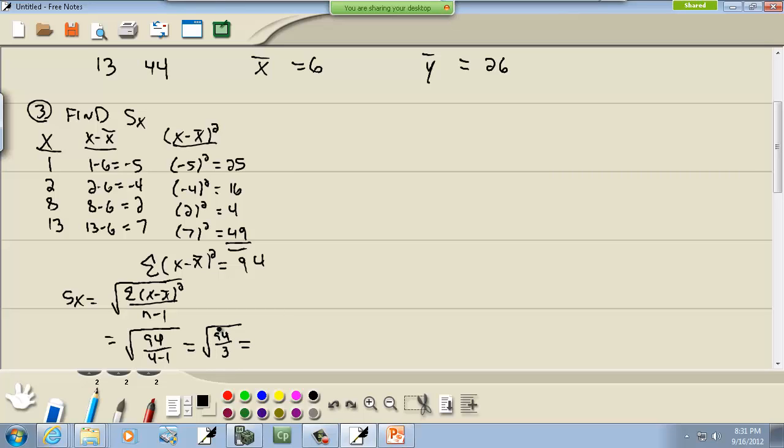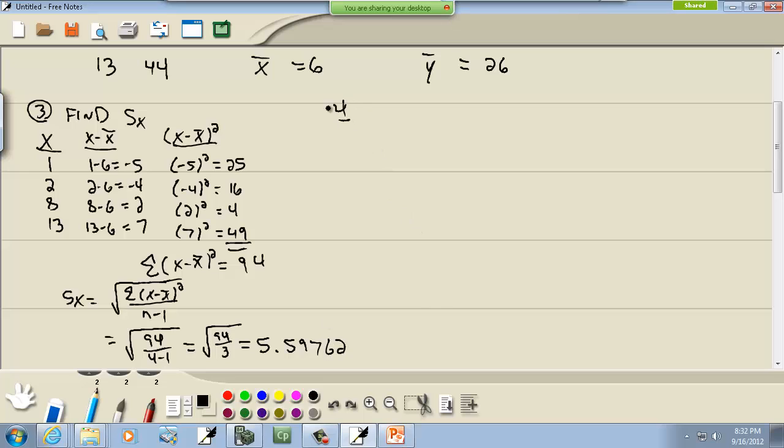And the square root of 94 divided by 3 gives us, taking this to 5 decimal places, 5.59762.